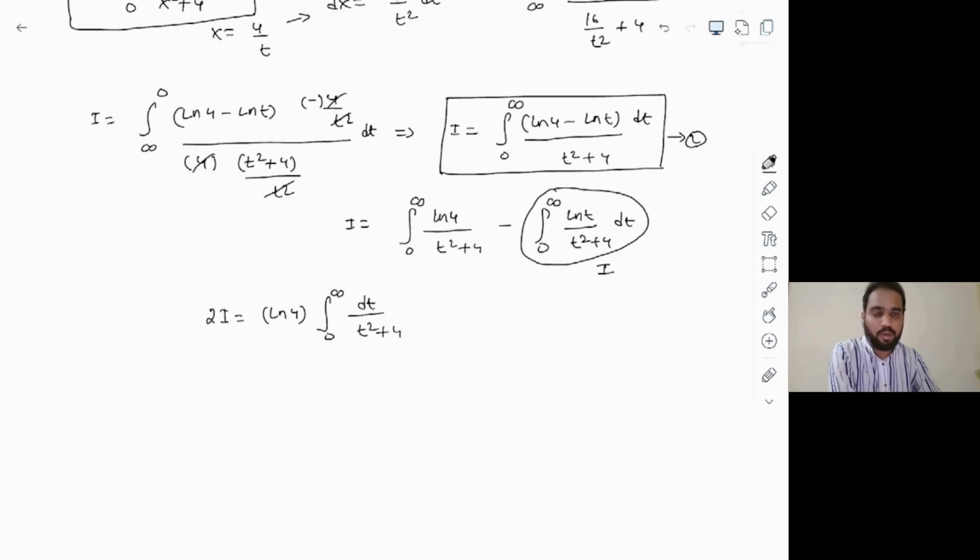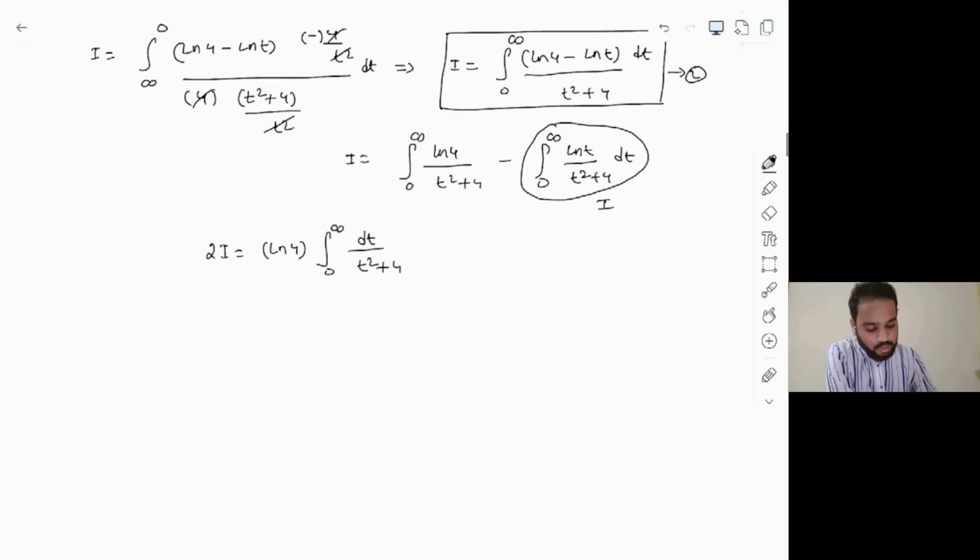Now it is a direct formula known to us, 1 by a tan inverse of x by a, right? So I will be equal to ln 4 divided by 2 multiplied by 1 by a, which is 1 by 2, multiplied by tan inverse of t divided by 2. And you can put the limits here, 0 to infinity.